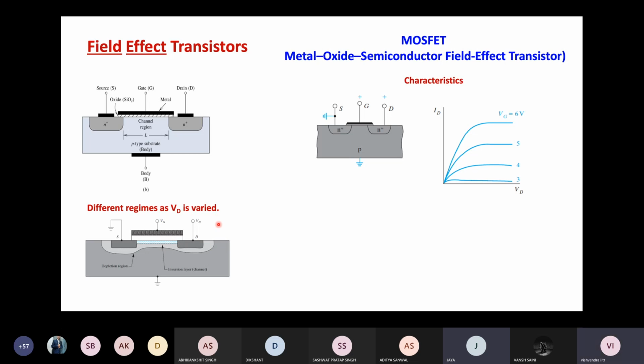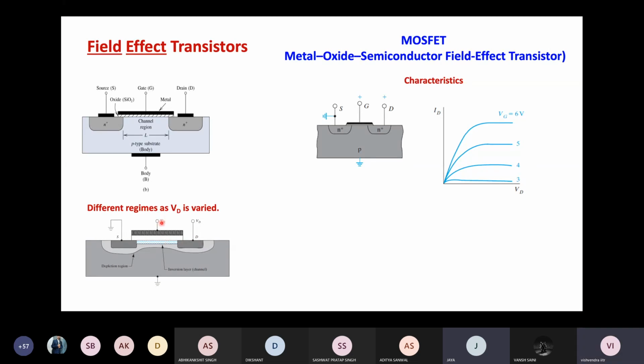To summarize, the current between the drain and source terminals depends on the voltage on the gate terminal. If the gate voltage is zero, the current is not there. But if the gate voltage is positive, there will be a thin layer of electrons and there will be a current in the device.